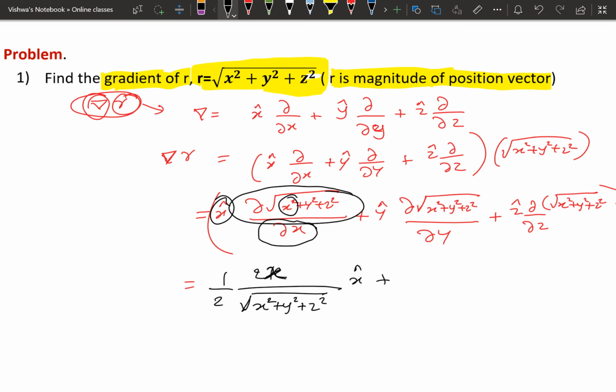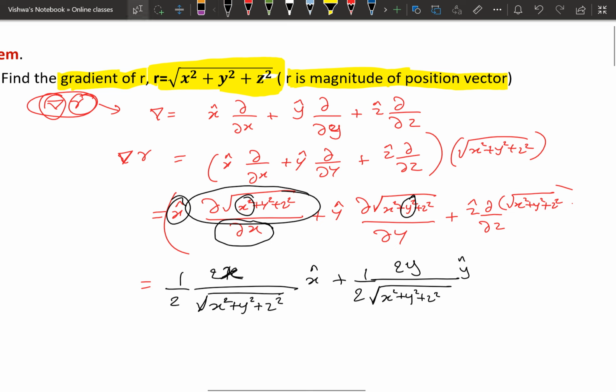Similarly, the partial differentiation with respect to y is 1 by 2 root of x square plus y square plus z square, and then only the y square term differentiates, giving 2y. The unit vector is y cap. Similarly, the other term is 1 divided by 2 root of x square plus y square plus z square, and the partial differentiation of the z term is 2z. The unit vector is z cap.